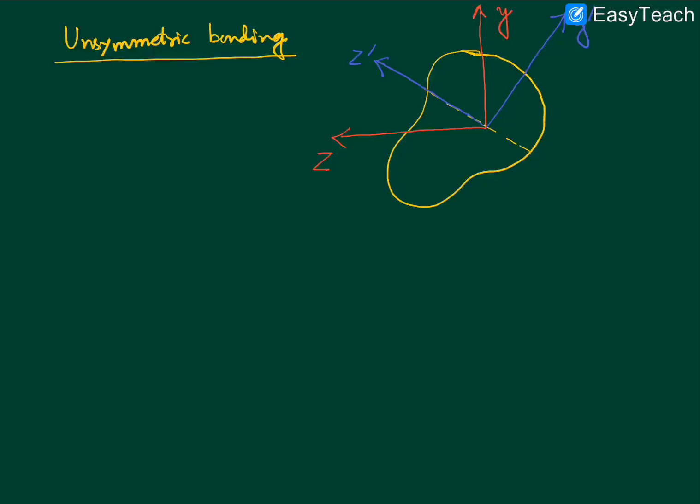So for that, what we'll have to do is a little bit of algebra. First of all, we will consider a generic point on this cross section, which will be denoted somewhere here. So let's say we take this point to be, let's maybe use a different color, somewhere here.